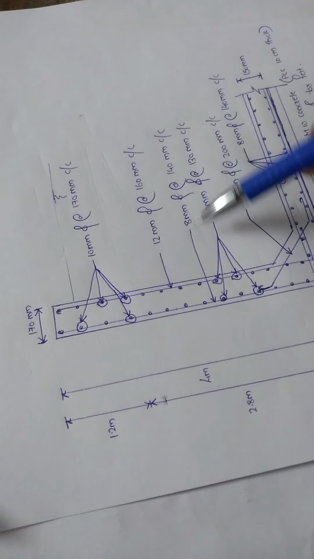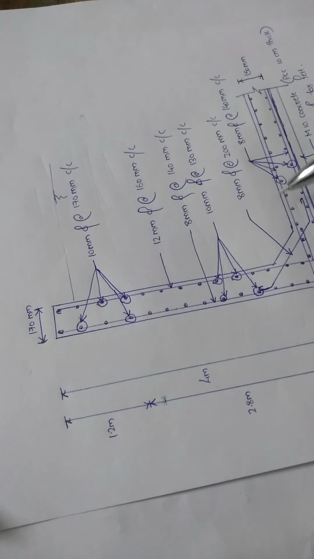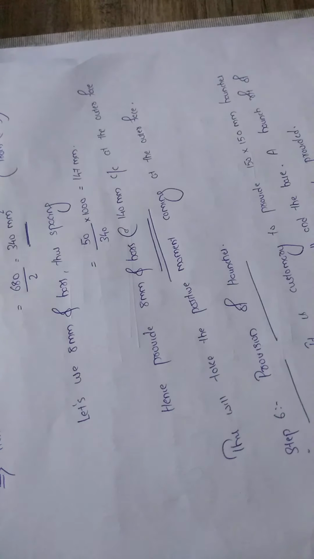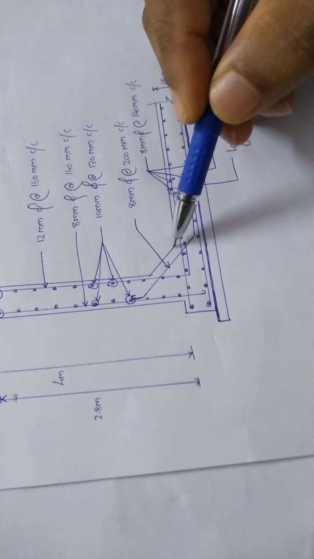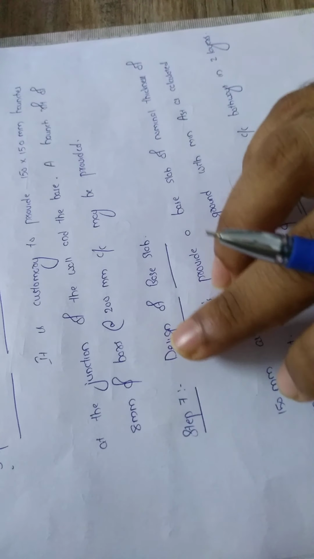We got the distribution reinforcement as 8 mm at 140 mm center to center. So what is remaining is the base slab and also the haunches. Haunches means this one. Okay, it is customary to provide a haunch of 150 by 150, and the reinforcement also like 8 mm at 200 mm center to center may be provided.